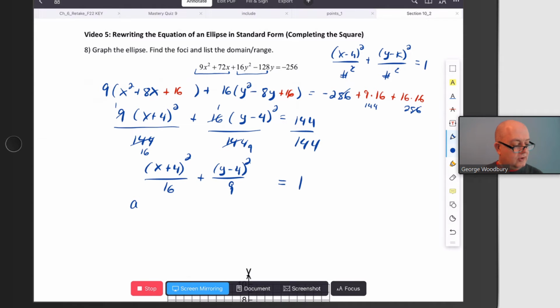So here, a squared is 16, or a is 4. That will tell us left or right. B squared is 9, so b is 3. That tells us up or down. And the center is negative 4 from the term containing x, comma positive 4 from the term containing y.